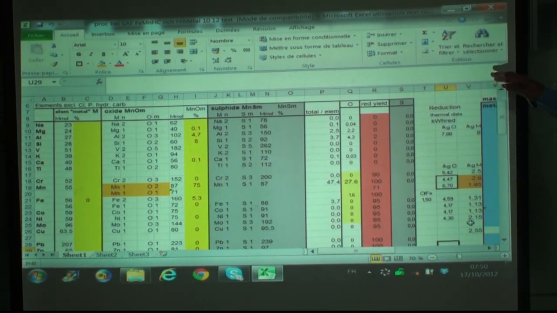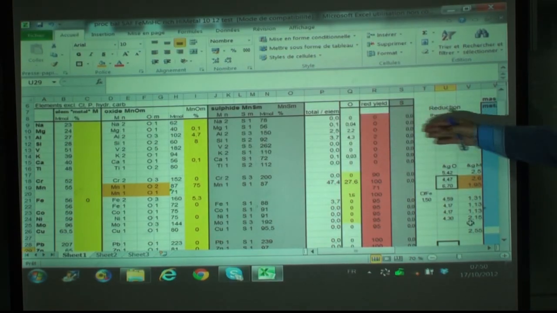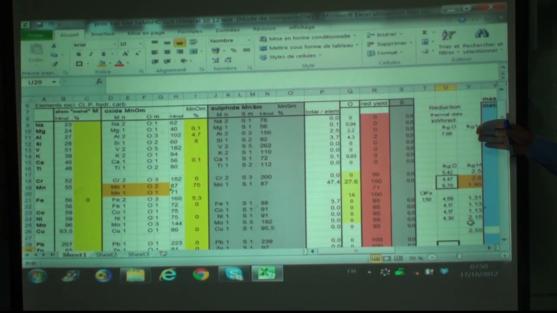And now one last comment. You can see that the values here are variable, of course. They are higher for the metals having more affinity with oxygen.